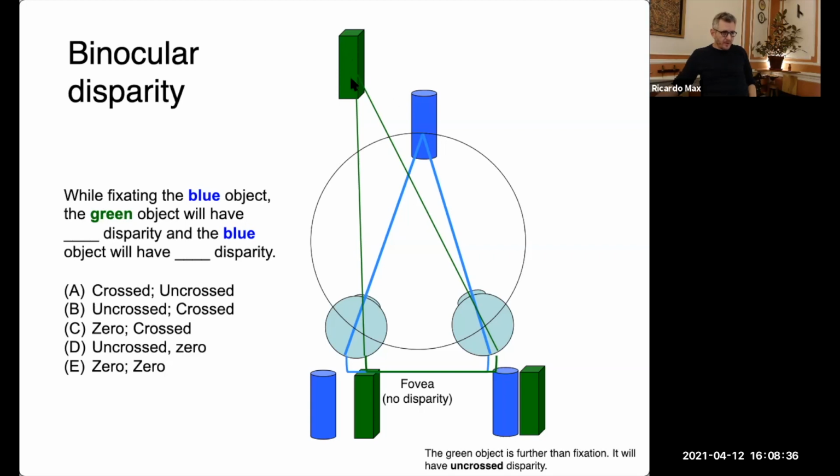The green will have uncrossed disparity, so it's either B or D. And the blue object will have zero disparity because that's the object you're fixating. It's on the Horopter. It falls on the fovea, exactly. So the answer is D.